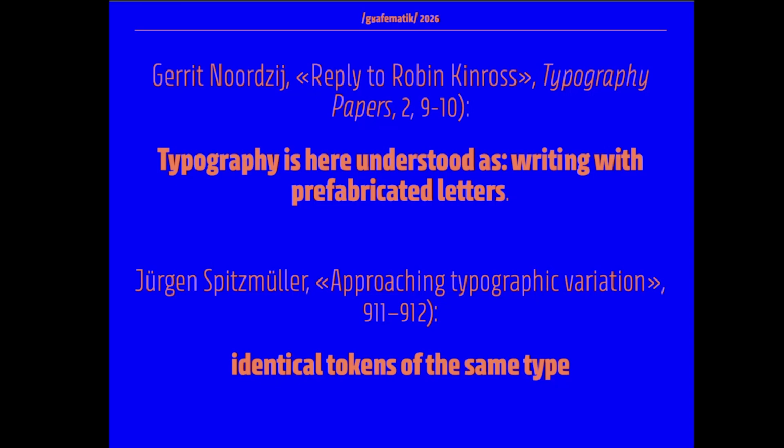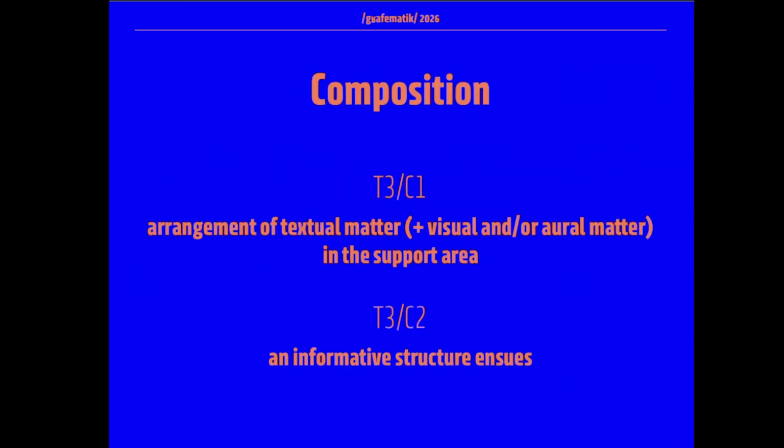In typography, we use identical tokens of the same type, we could say of the same glyph. That's not a shame. The idea is when we use a glyph, we don't use an ad hoc shape. We use a previously established, previously designed shape.